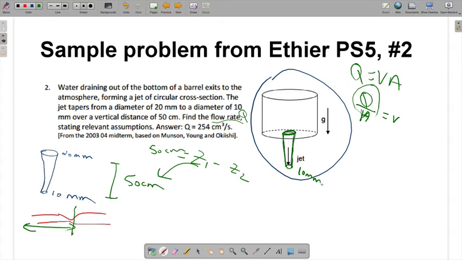So we say that yes, it is a Bernoulli's principle problem. Since it's water, we're going to ignore the viscosity. We're going to say that it's at steady state. Technically, it's actually quasi-steady state here, because technically water will speed up as it goes down: when you have less water remaining, it will speed up. But for this example, we're going to assume that it's not going to do that.